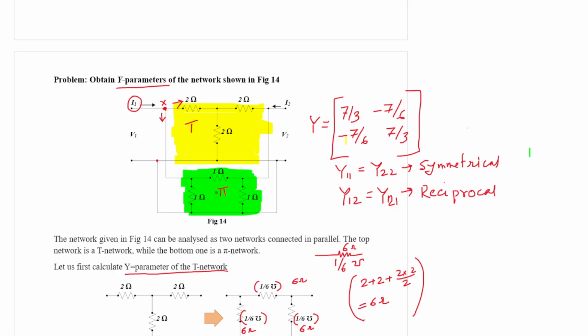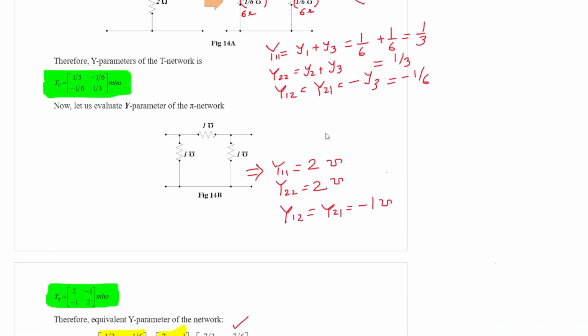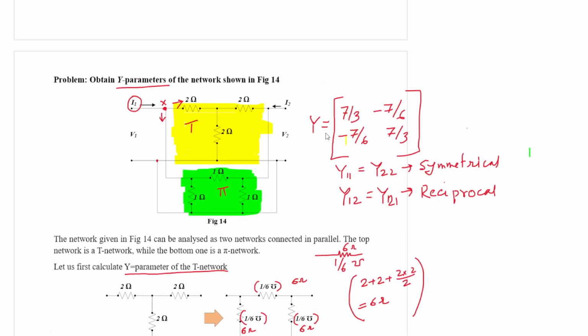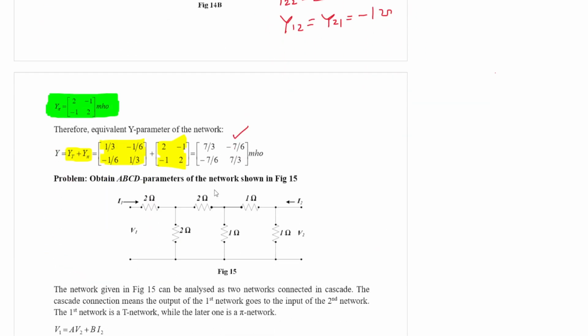So this network shown in figure 14 is both a symmetrical network as well as a reciprocal network, and in this way you solve the y parameter of this network. Maybe it looks very complex, but if you analyze it appropriately, it's not so difficult. It's a straightforward problem.